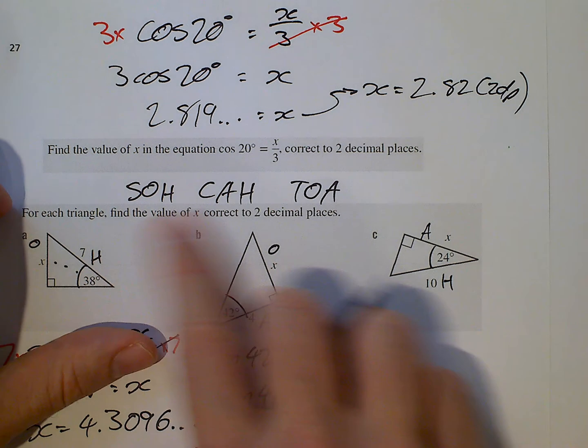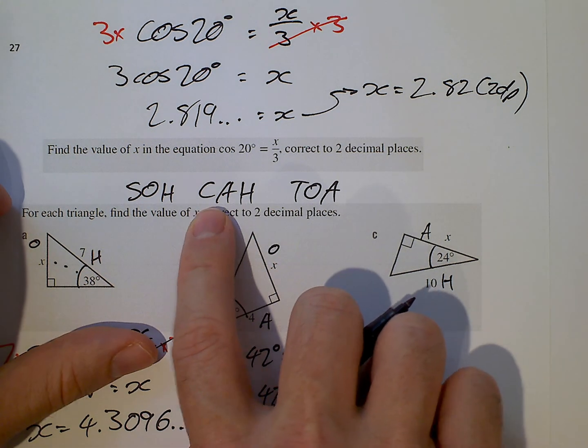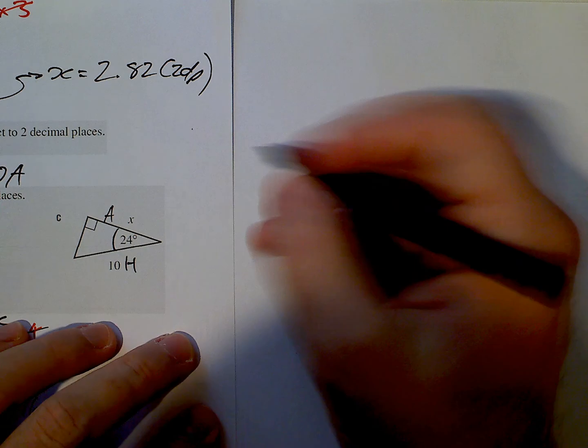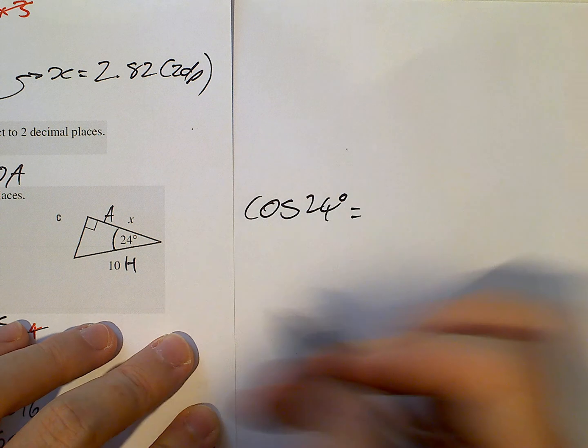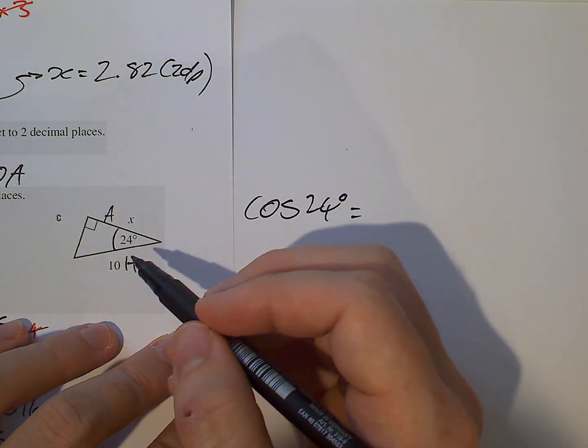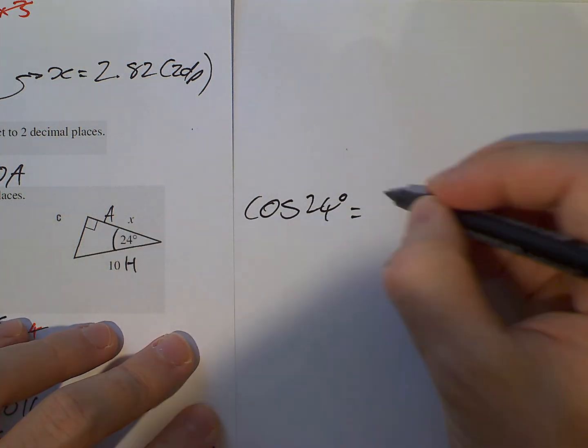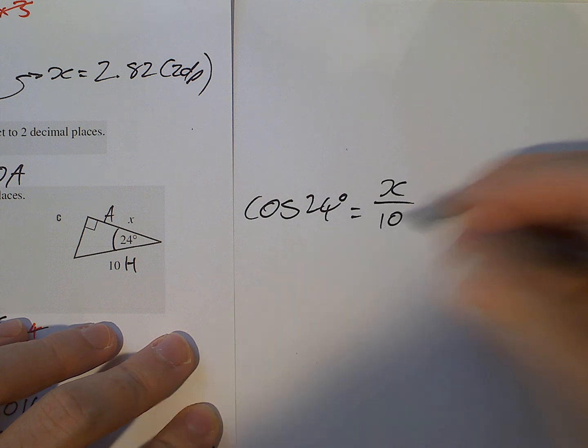So looking back at our trig ratio, A and H, that's this one, the C. C stands for cos, so we're using cos. So let's write that out. Cos 24 degrees, which is our angle, and is A over H. So this is x over 10.